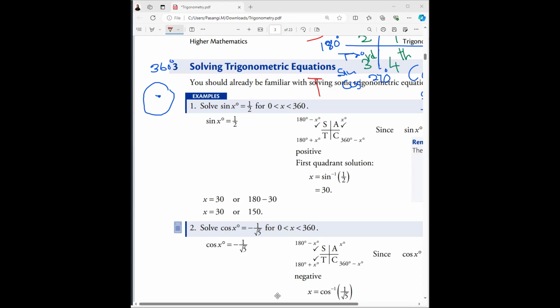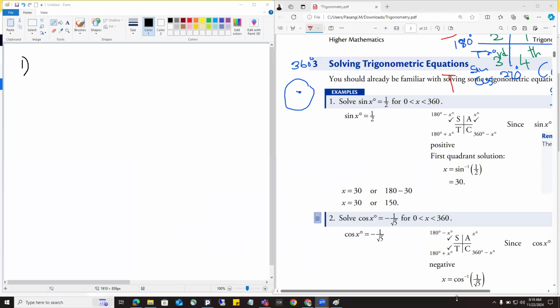You can't see both my screens now, so let me share both my screens.